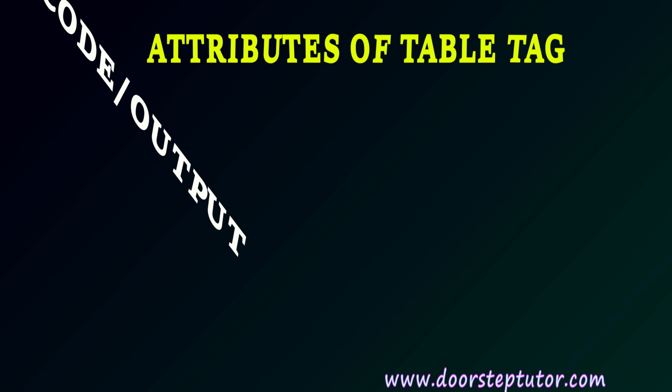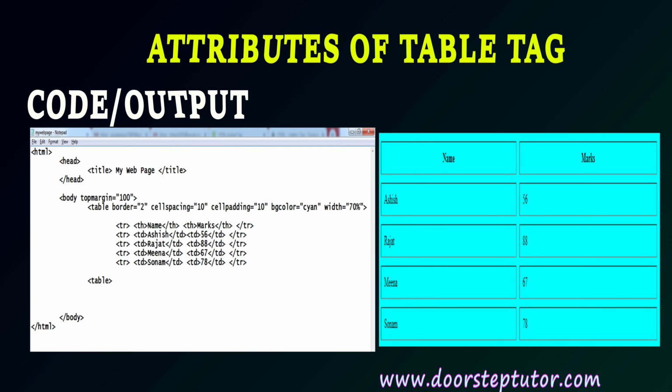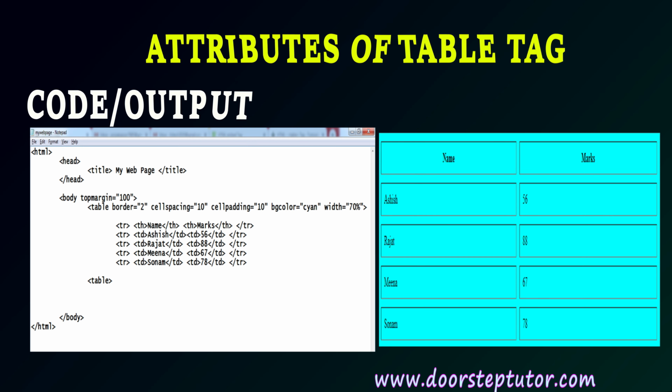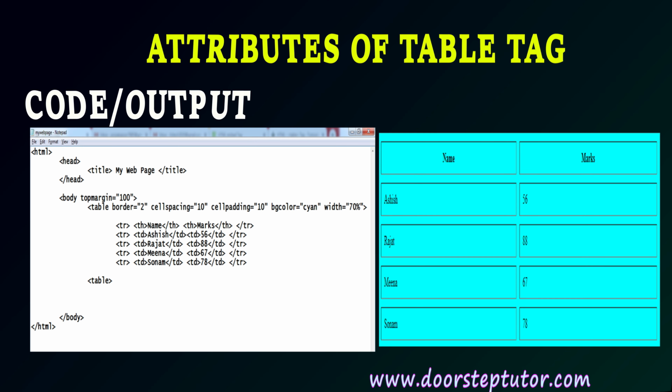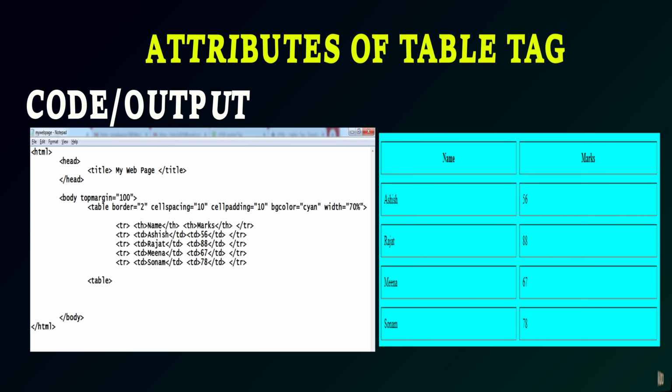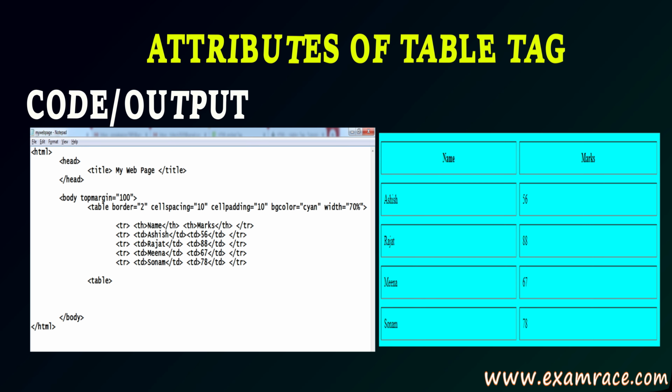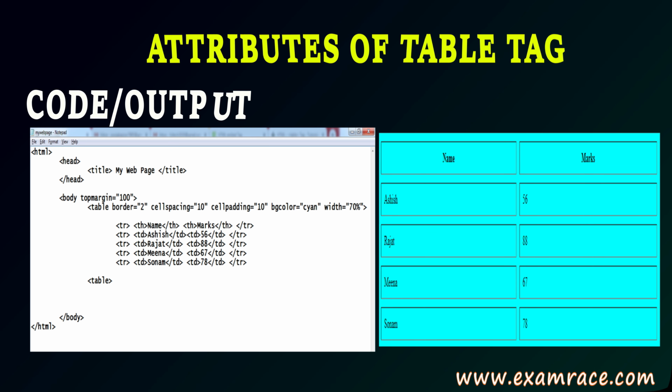So let's move to our next slide. I have taken one example over here. In the body tag, I have given one table with some border, like border equal to, in double quotes, 2. If we want a more solid border, we can increase the value of the border.